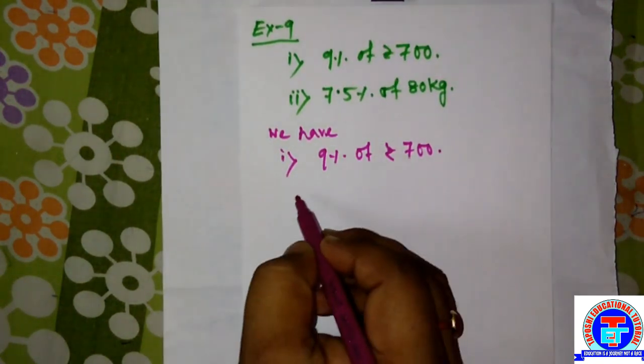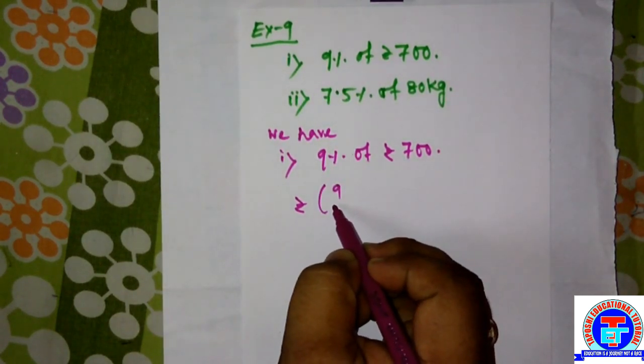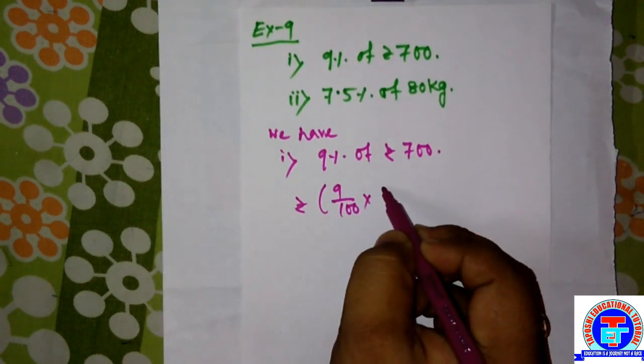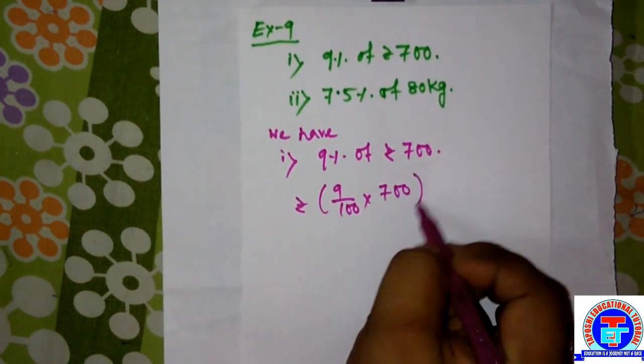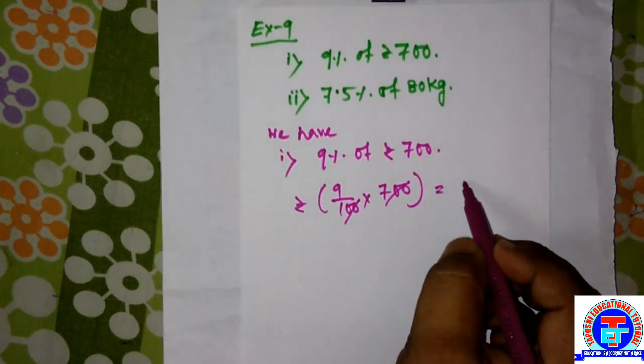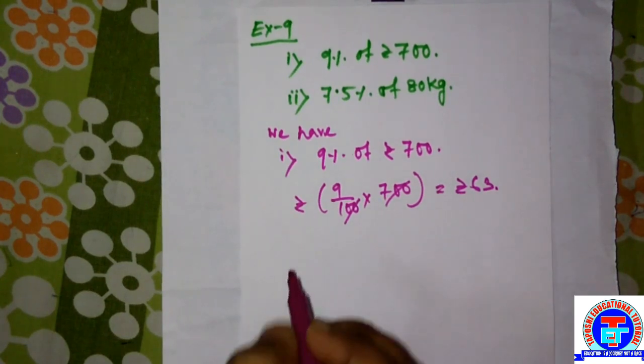So here we write rupees 9 by 100 into rupees 700. So 0 cancel here, so it will become rupees 63, right?